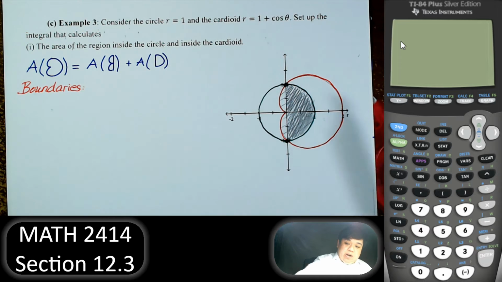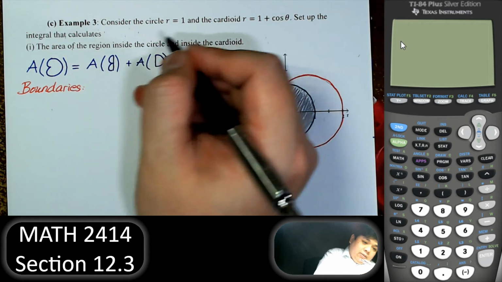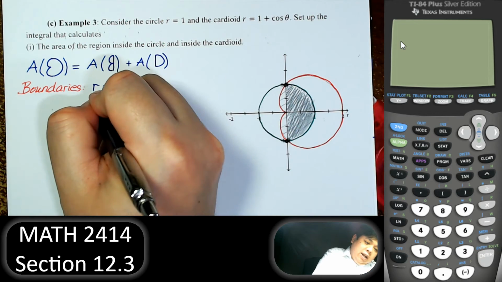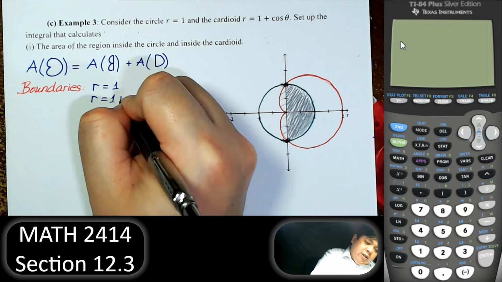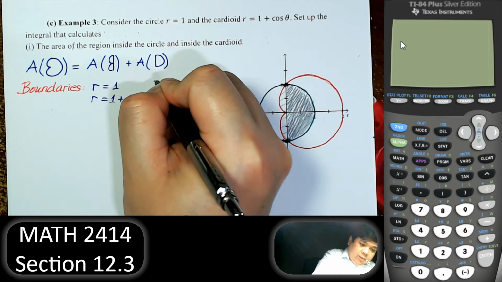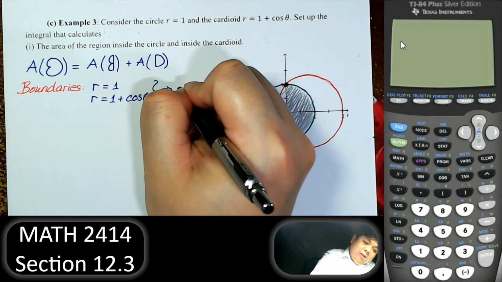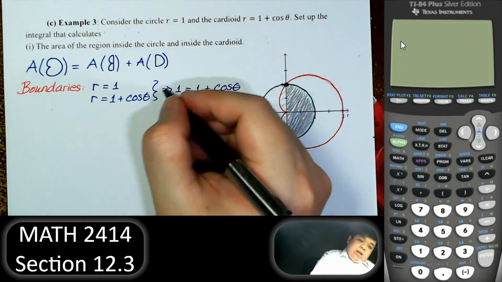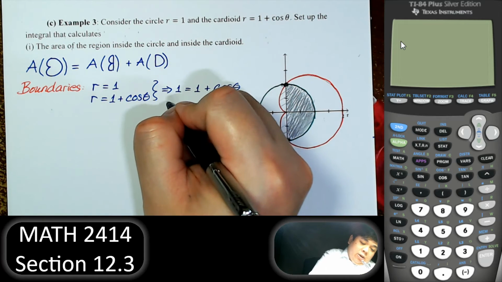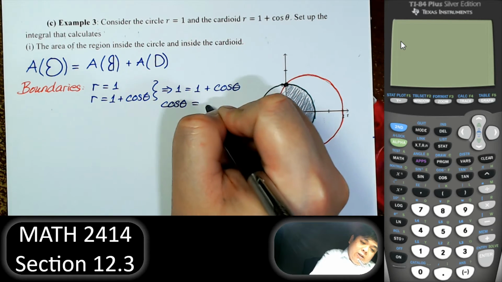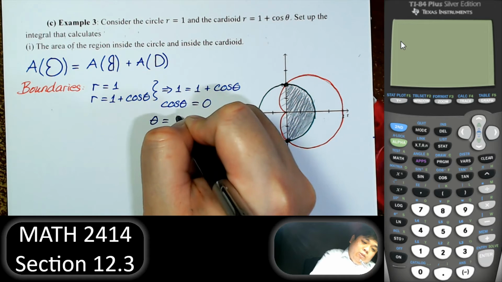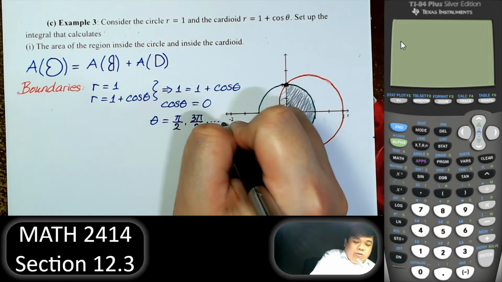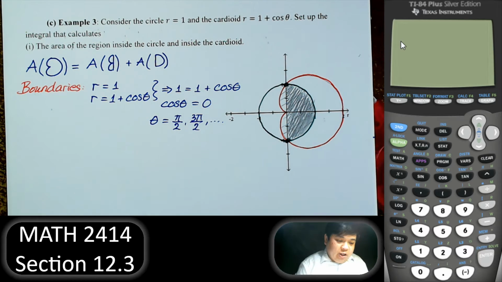We will let them equal each other. r equal to 1, and then r equal to 1 plus cosine theta. Make them equal. So we can solve for it easily. Cosine equal to 0, and so theta equal to pi over 2, or 3 pi over 2, or furthermore if we need to, but those will be pi over 2 to 3 pi over 2.